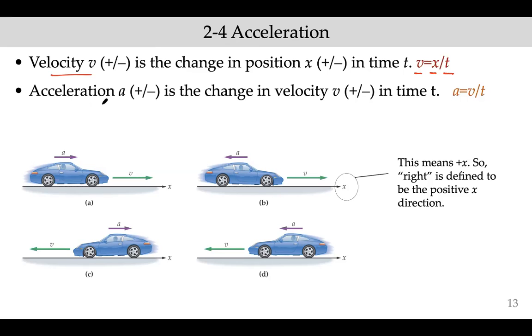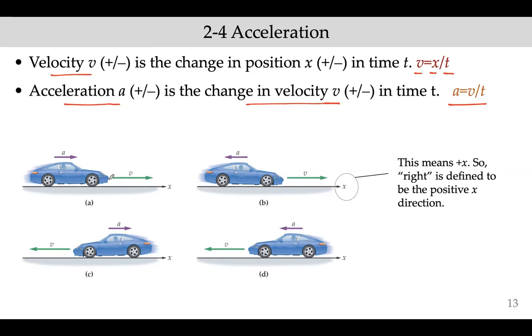Now, the definition of acceleration, on the other hand, which again could be positive or negative, is the change in velocity. So velocity is change in position with respect to time, and acceleration is change in velocity with respect to time. And the formula is this.